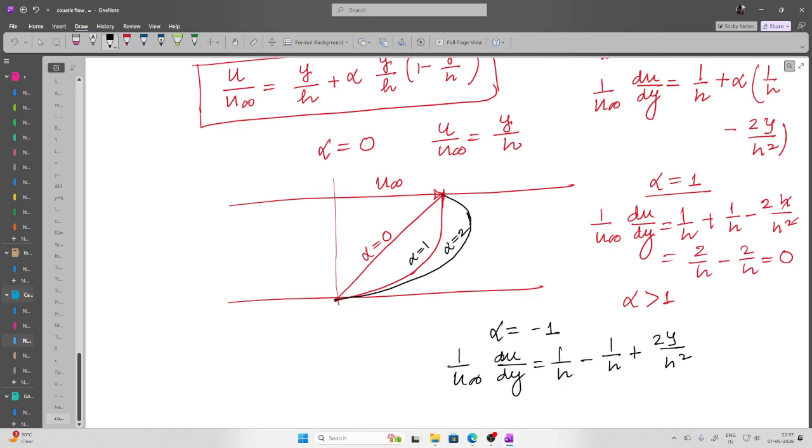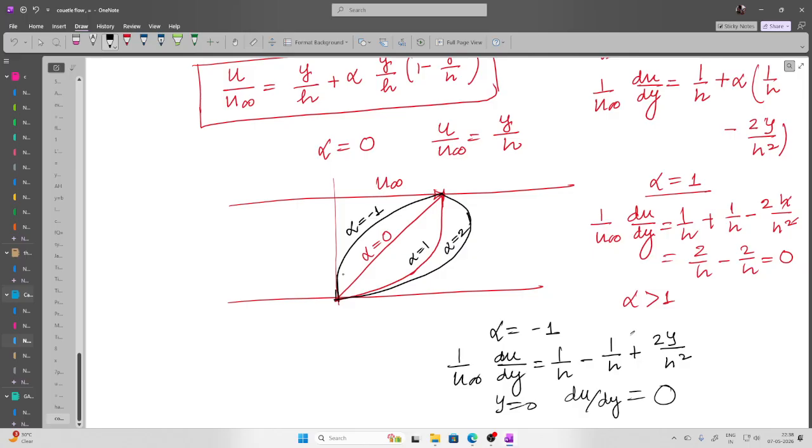Now, let us try to understand what is the slope when y is equal to 0 for alpha equal to minus 1. So when y is equal to 0, du by dy will become 0 because this term becomes 0 and this will get cancelled out. So therefore, for alpha equal to minus 1, the slope will be 0 and then it will increase like this. So this is alpha equal to minus 1.